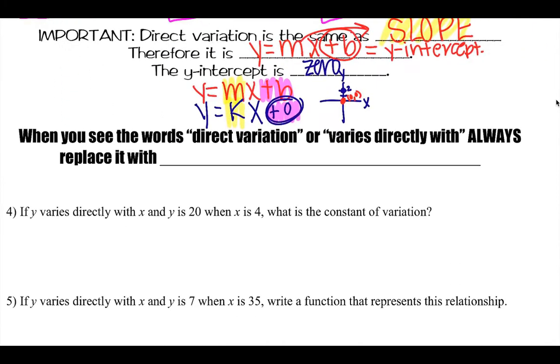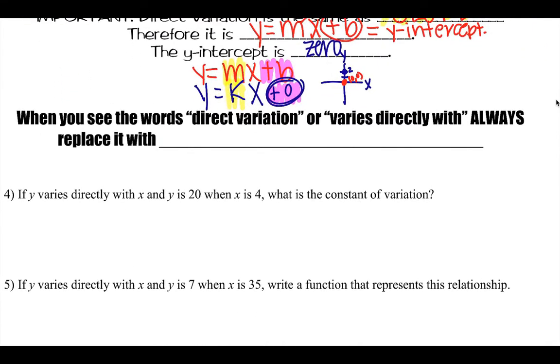So here is what I want you to do. Anytime you see the words direct variation, or if you see the words varies directly with, you're going to always, always, always replace it with divided by.